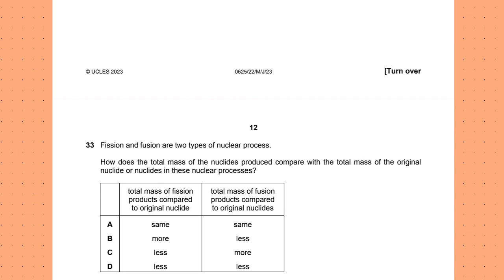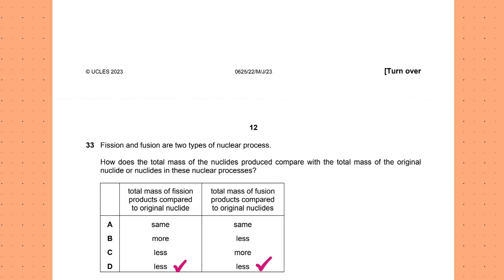But the idea is that if I'm also talking about fusion, then the total mass of the products is less than the original. Alright, let me place ticks here. So the total mass of fission products is also less. Total mass of fusion products is also less. This is again something which is more assessed in IGCSE.